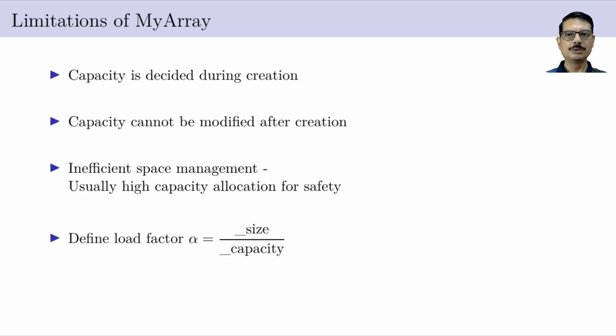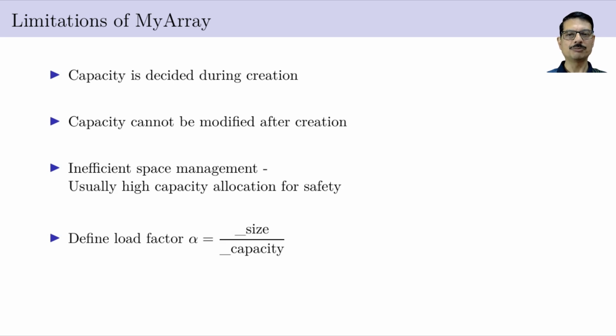In order to work on this, let us define a parameter which I am calling the load factor. The load factor, alpha, is simply the ratio of the current size, that means the current utilization of the array, divided by the total capacity, the number of elements the array can hold. We would like this value of alpha to be as large as possible.